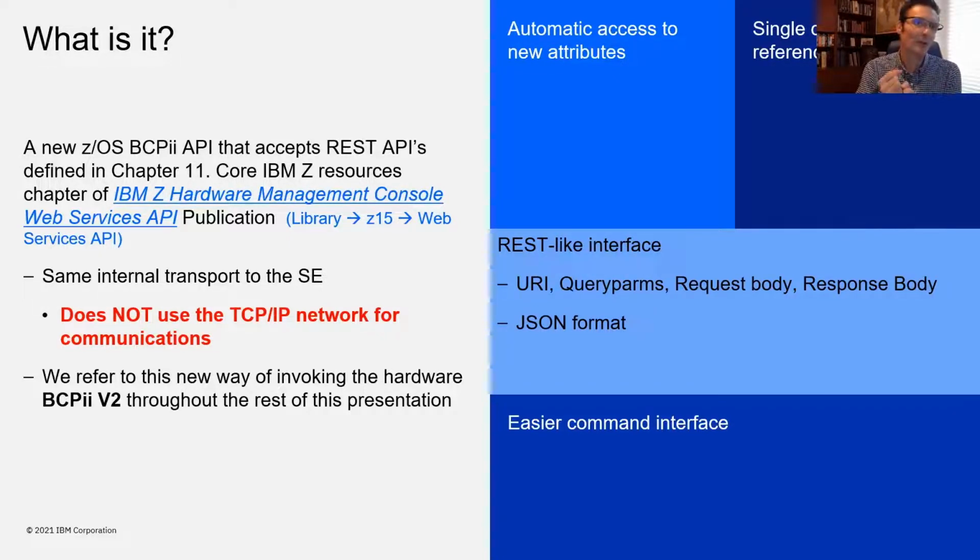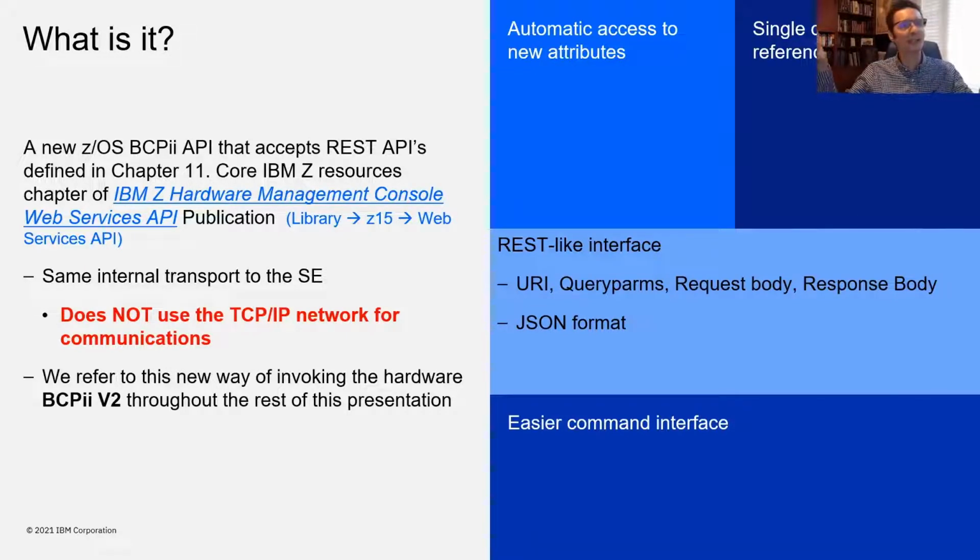Okay, so what you're going to be able to do is, from the same languages that BCPii supports today, and that's C, that's REXX, and that's assembler, through those three languages, you are able to programmatically control the hardware as you did before, but you're going to be able to use a REST-like interface. And that REST-like interface is defined in the z Hardware Management Console Web Services API.